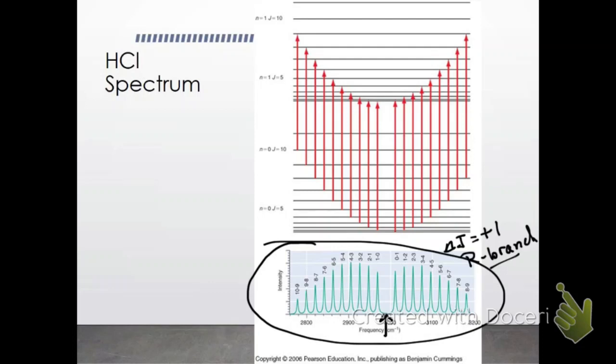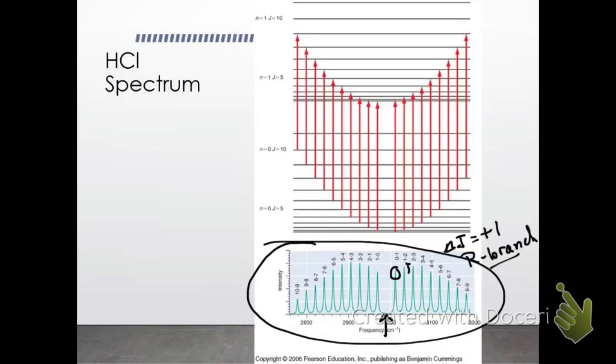So we would have, for example, here on this peak, a delta J plus 1 transition where it's going from J equals 0 in the lower vibrational level to J equals 1 in the upper vibrational level. And then, of course, we go from 1 to 2, 2 to 3, etc. on the R branch side.